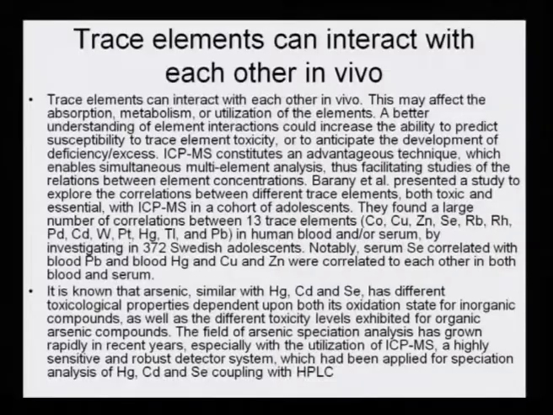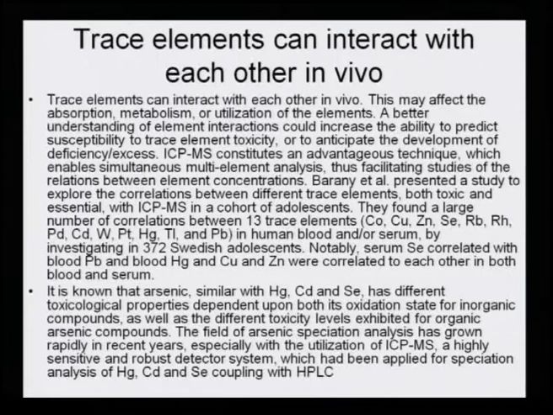It is known that arsenic, similar to mercury, cadmium and selenium, has different toxicological properties dependent upon both its oxidation state for inorganic compounds as well as the different toxicity levels exhibited by organic arsenic compounds. So, you see that very intricate analysis of arsenic and its similarity with mercury, cadmium and selenium has also been emphasized.